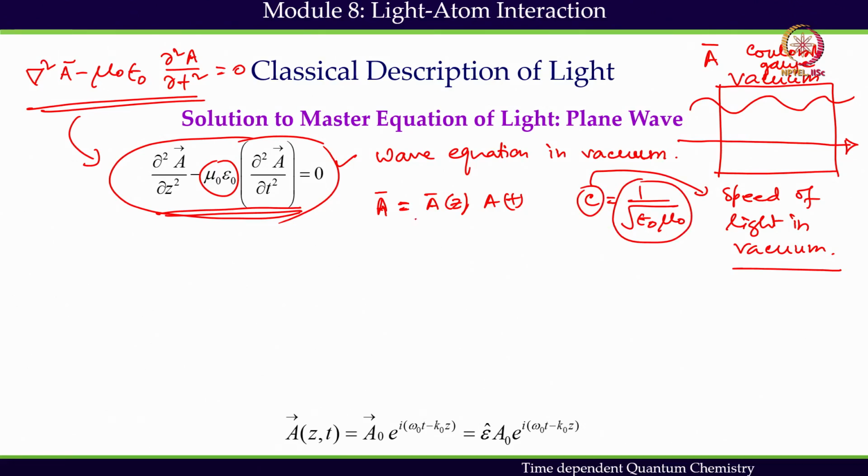So, if we now insert this one here, then what I get is the space derivative of A minus 1 by c square, and I get the time derivative.